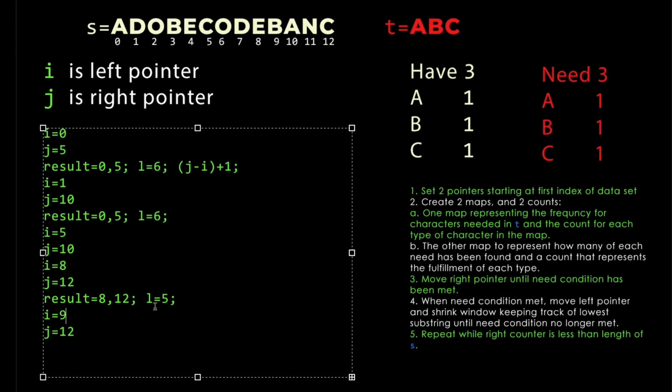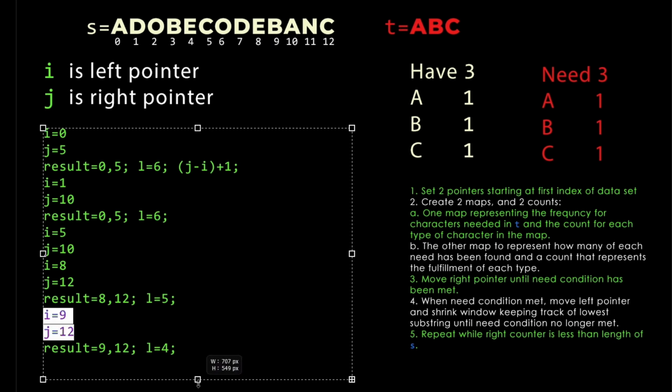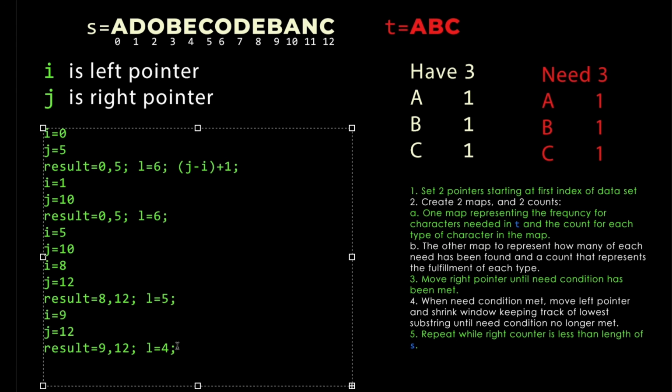It's a b. Since the condition still meets, we're going to be continually checking. 12 minus 9 is 3, plus 1 is 4. So we're going to have 9 here. And we are about to move b out of the window. So let's go down here a little bit.